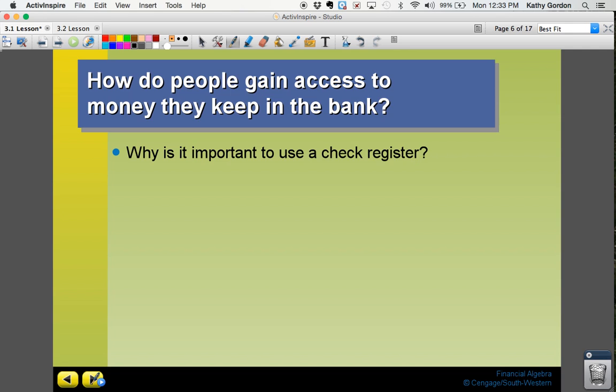So even though it may not be the most popular thing to do anymore, I do think it is still important that somehow, whether it's with the thing that comes in your box of checks or your own setup on a spreadsheet or whatever, you're still keeping track of your account on your own, separate from what the bank says. And then you reconcile with the bank, which is what our second lesson's about. How do you take what you've got and what the bank says and make sure that it matches up?